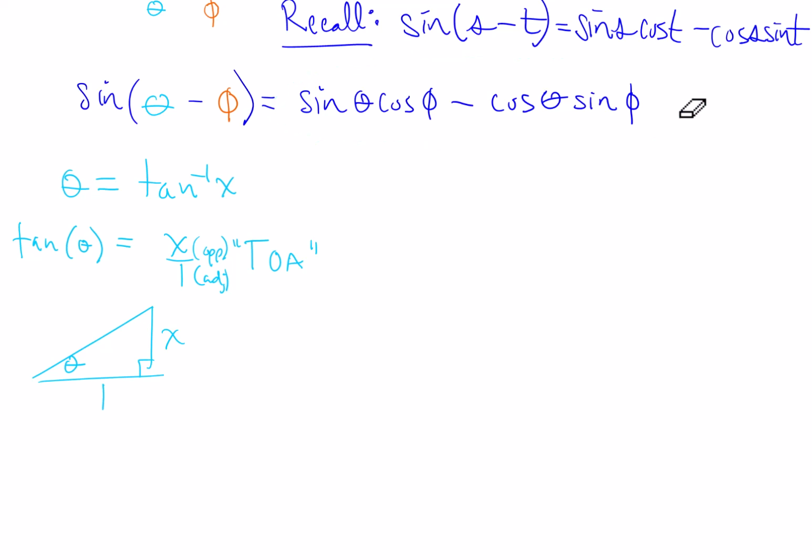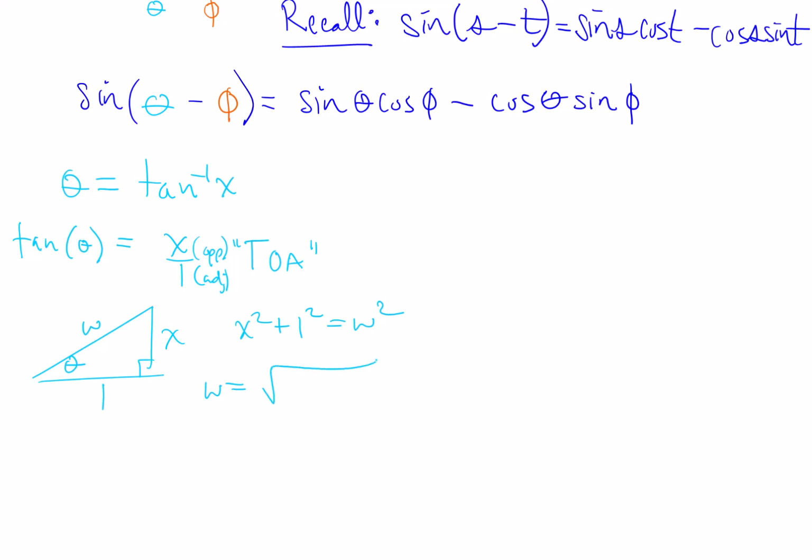So what we need is the third side of this right triangle we've now put into play. And to do that, we're going to have to use a little Pythagorean theorem. So we could say, for instance, x squared plus 1 squared equals, let's see, the hypotenuse I'll just call w for a second, w squared, to give it a name. And if that's the case, we could say w equals the square root.